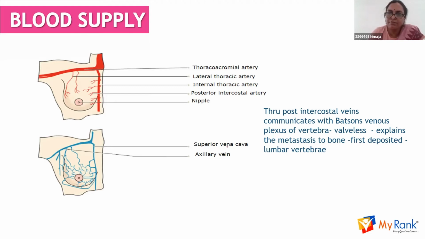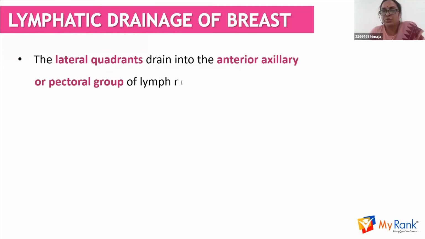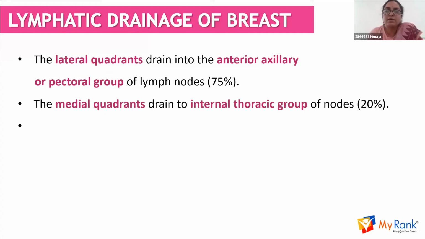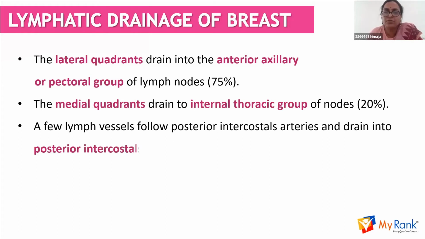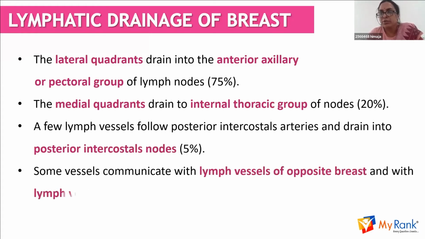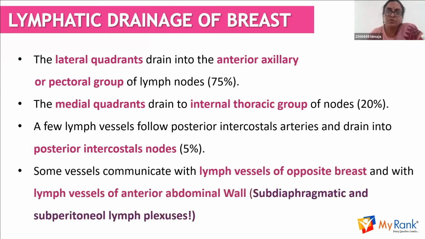Now coming to the lymphatic drainage. Two-thirds of the breast tissue drains into the axillary group of lymph nodes, around 20% into the internal mammary group of lymph nodes, and 5% into the anterior abdominal wall lymph nodes and the supraclavicular nodes.